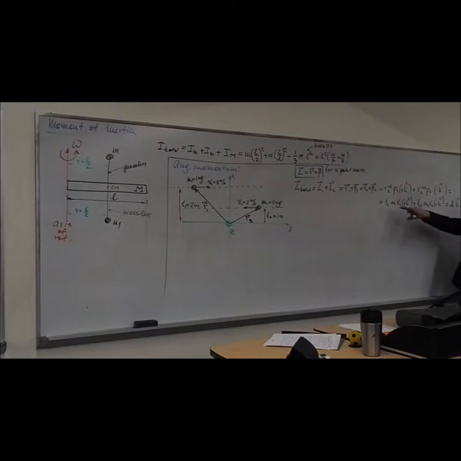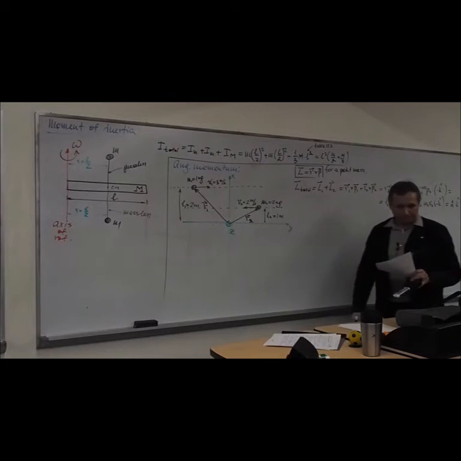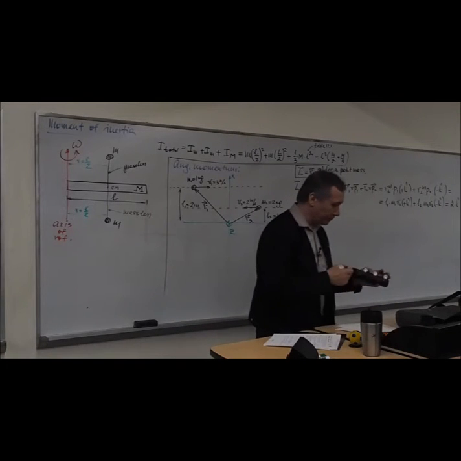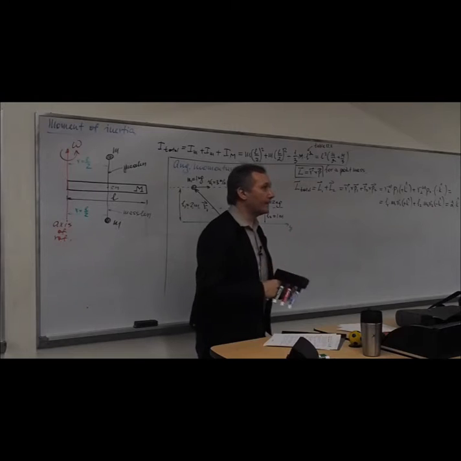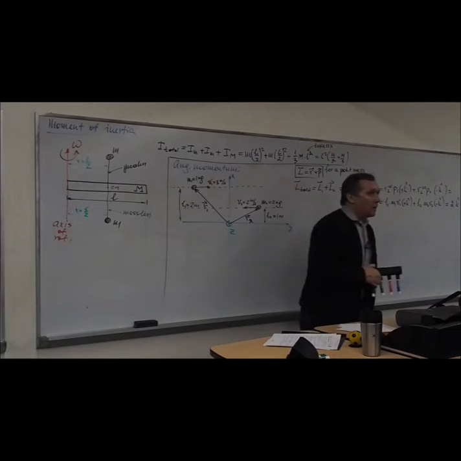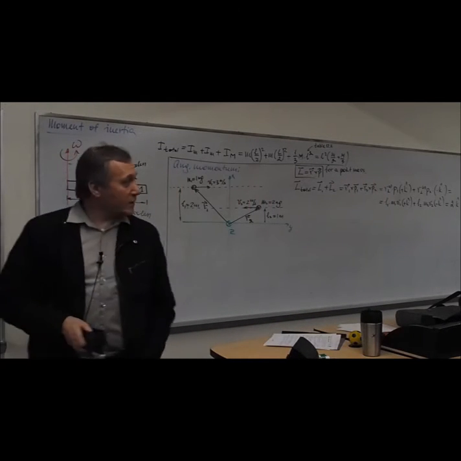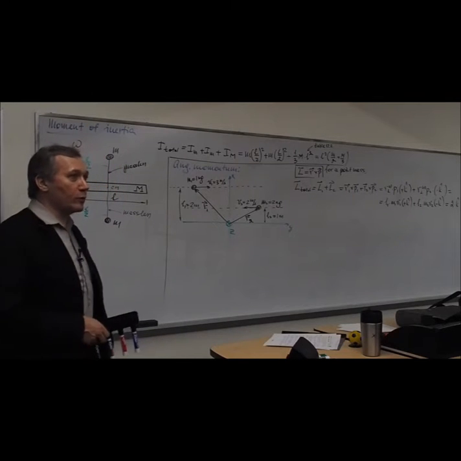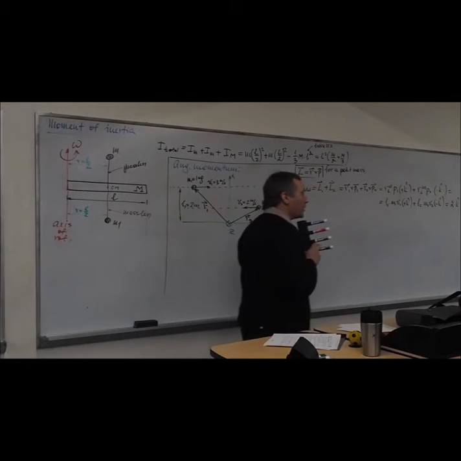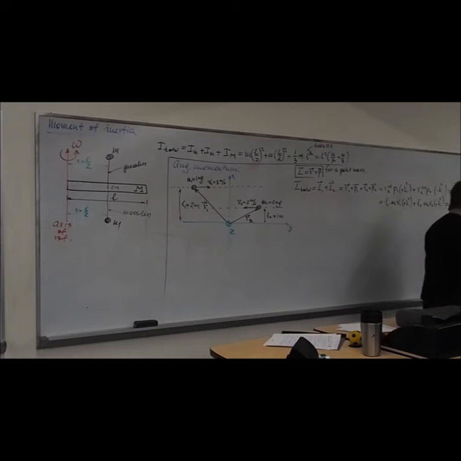So it's kilograms times meters squared divided by seconds. So that is preparation for the next problem, where we're going to use conservation of angular momentum, and we're going to have 2 objects, a point mass and a rigid object.